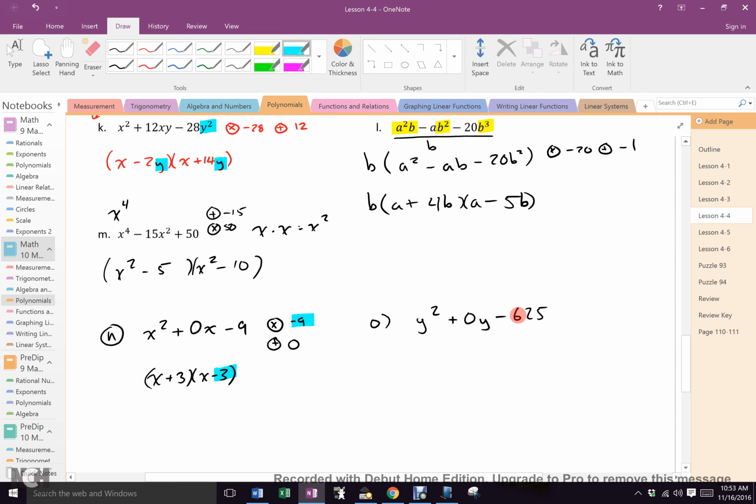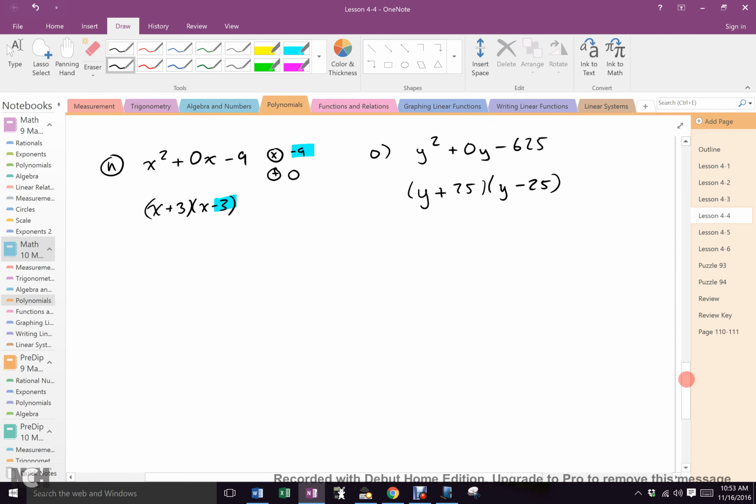Square root. So what will you do here? Y plus 25 and y minus 25. Everybody cool there? Whatever it is, it doesn't matter. The letter doesn't matter. I'm going to use a lightning bolt next one. Everybody cool with that one?